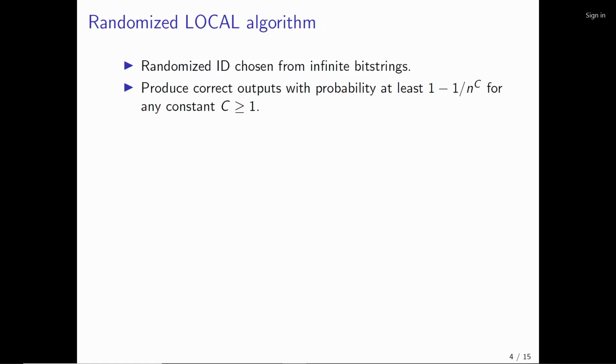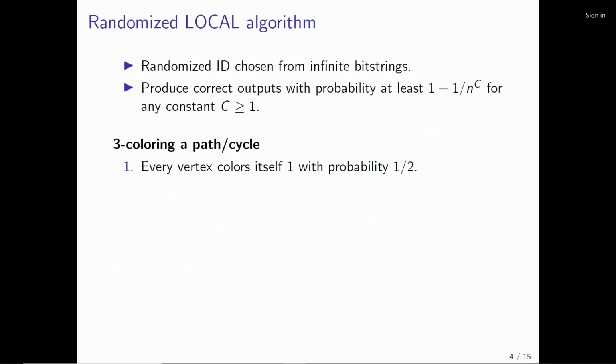So when we say there exists a randomized algorithm with so-and-so complexity, it produces very good output for any epsilon, as close to 1 as you want. Okay, so let me show you a very simple way to 3-color a path or even a cycle with this randomized local algorithm. Okay, so let's take this.